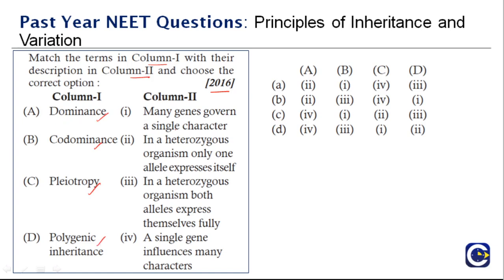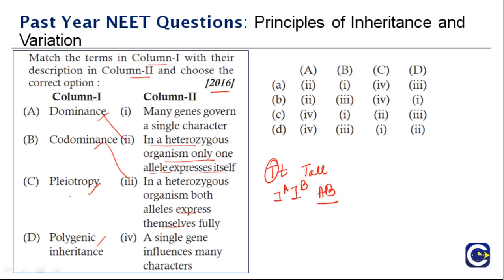What is dominance? In a heterozygous organism, only one allele expresses itself. So if this is the heterozygous, it will be expressed as tall because only this will be expressed. That is dominance. What is codominance? In a heterozygous organism, both alleles express themselves fully, and this happens in case of blood groups in human beings.